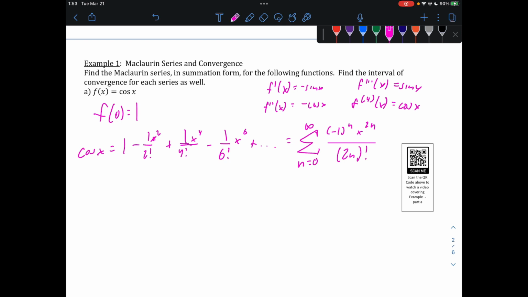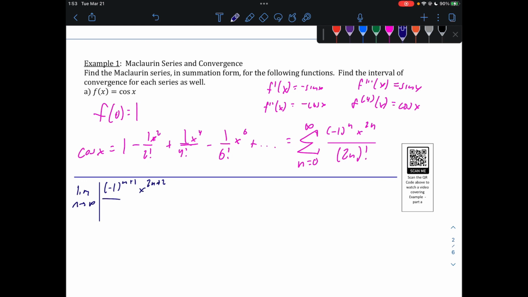All right, so we did the first part there, find the Maclaurin series in summation form. That part is done. Now it says to find the interval of convergence. For the interval of convergence, we're going to do the ratio test. So the ratio test says the limit, as n approaches infinity, of the n plus first term, so that would be negative 1 to the n plus 1, times x to the 2n plus 2, all over 2n plus 2 factorial, divided by the nth term, or multiplied by the reciprocal of the nth term.